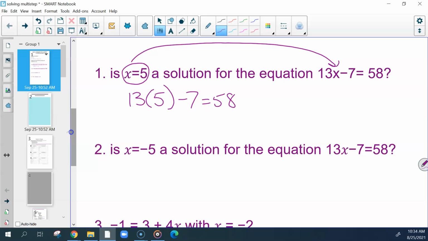13 times 5, I want to say is 65, but double check my math. Is that 65? Does 65 minus 7 give us 58?